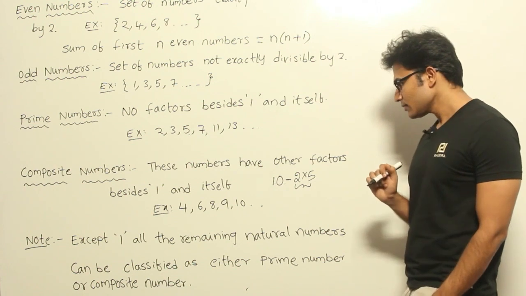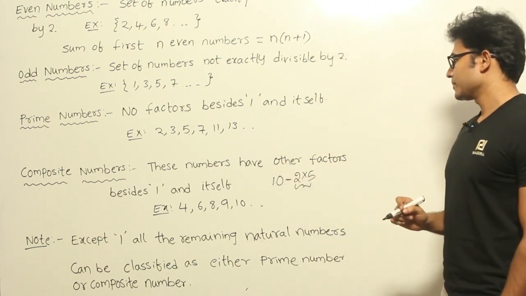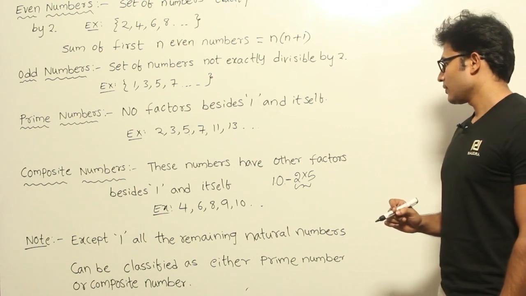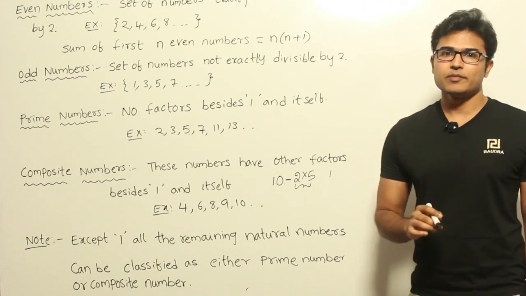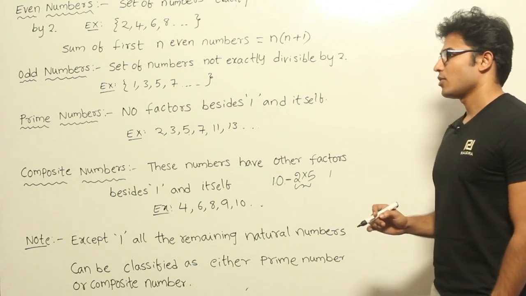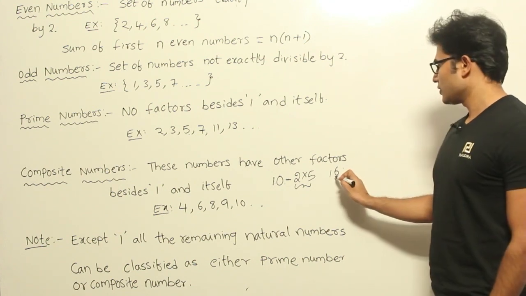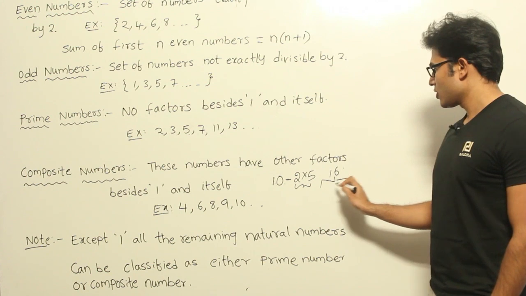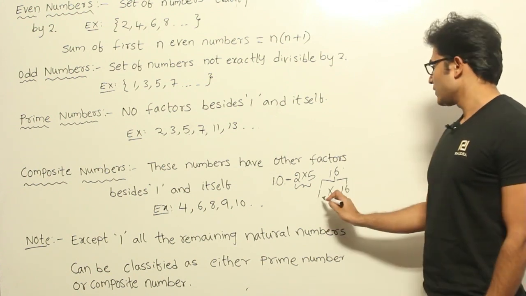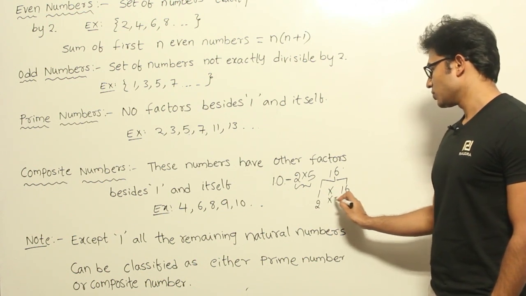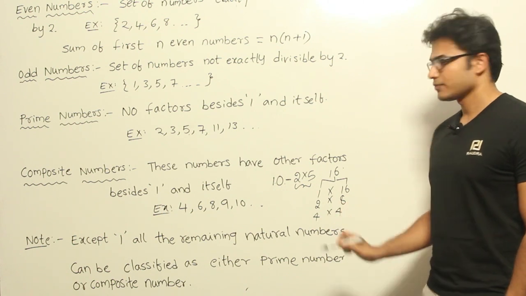Got it? Okay. And one interesting thing is here, let us say there is a number 144, or let me take a small number, 16. We know that the factors of 16 are: I can write it as 1 into 16, that is one type, and the other is I can write it as 2 into 8, and the other one is I can write it as 4 into 4, right?